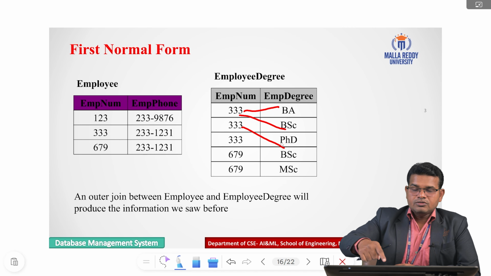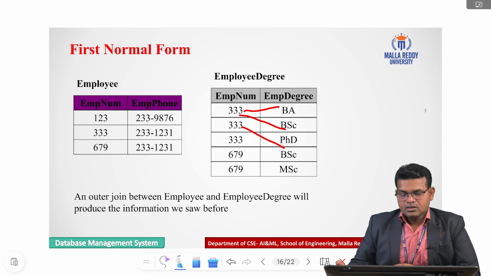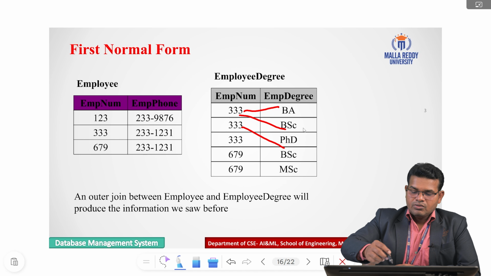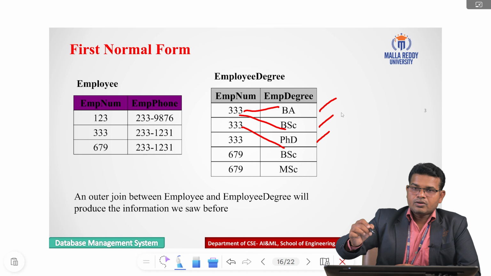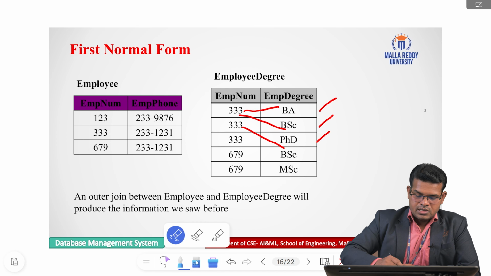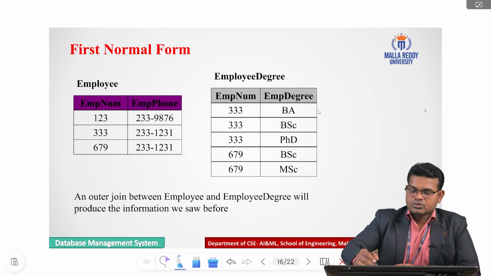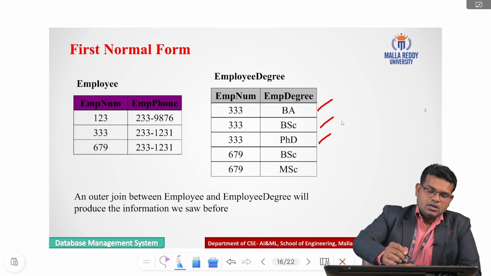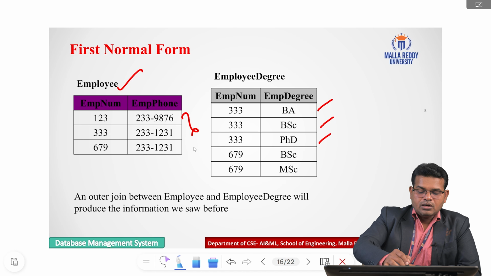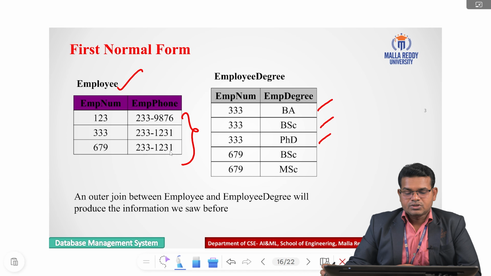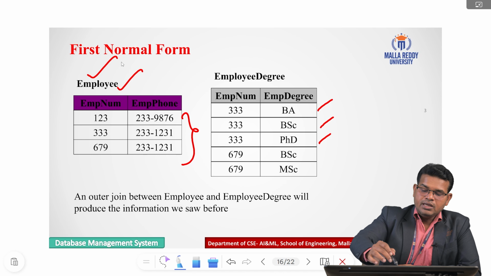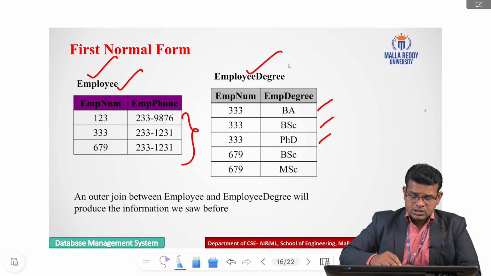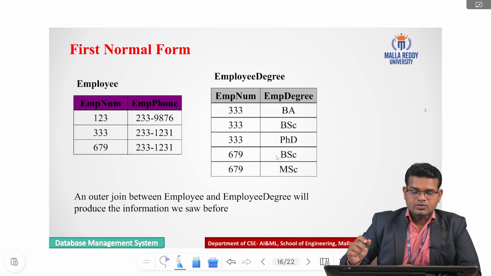Okay. So, instead of having them mentioned separated by comma, we are keeping them in different rows, different records. Hence, all the rows in this table have single valued attributes. In the table employee also, we already have single valued attributes. Hence, tables employee and employee degree are both in first normal form. This is how we will achieve first normal form.